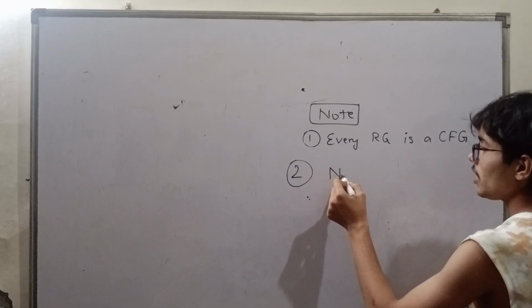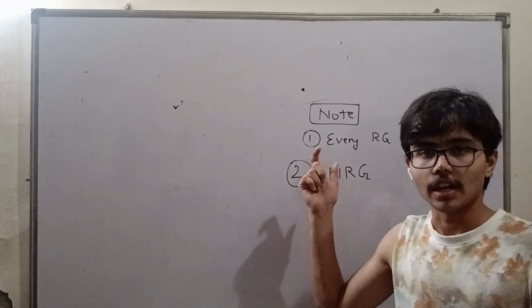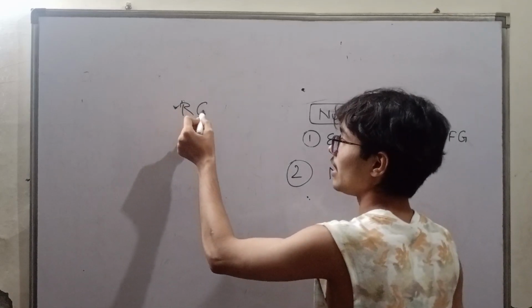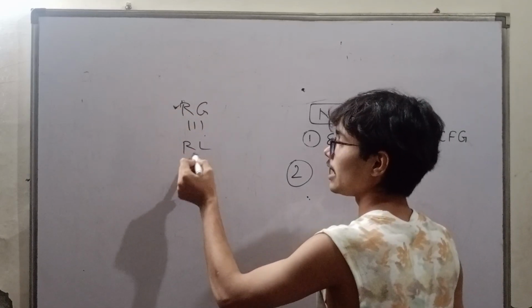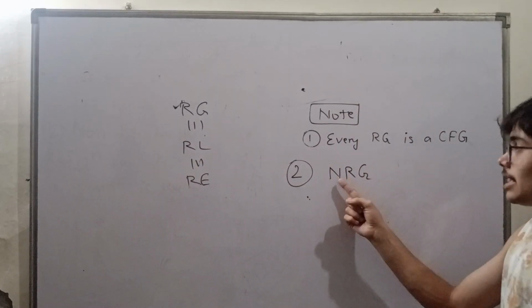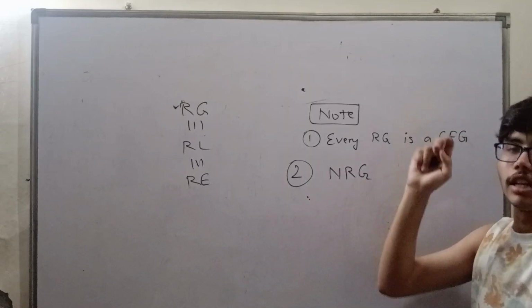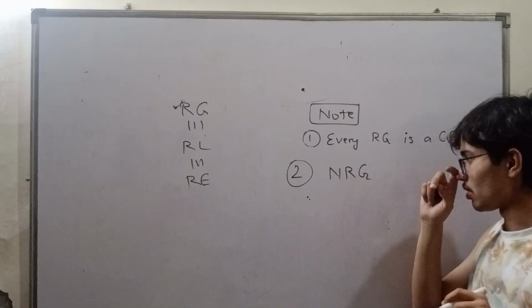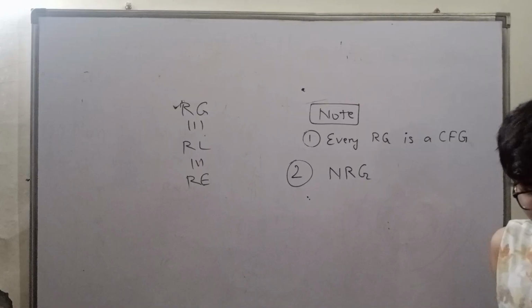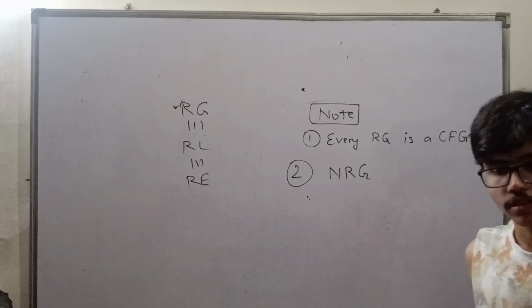If you have a non-regular grammar, you can analyze it by thinking of an equivalent regular grammar, regular language, or regular expression. You can also think of it as a non-regular language. If you have a non-regular language, then it necessarily generates a non-regular language.